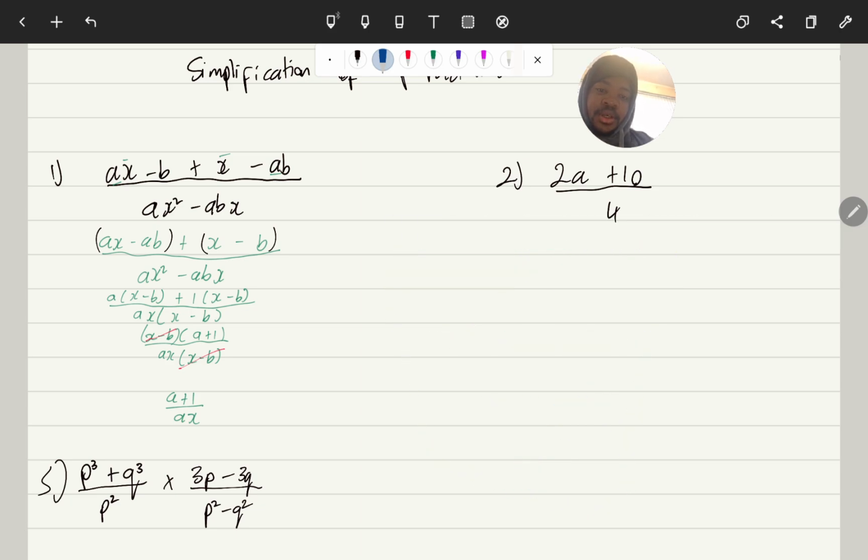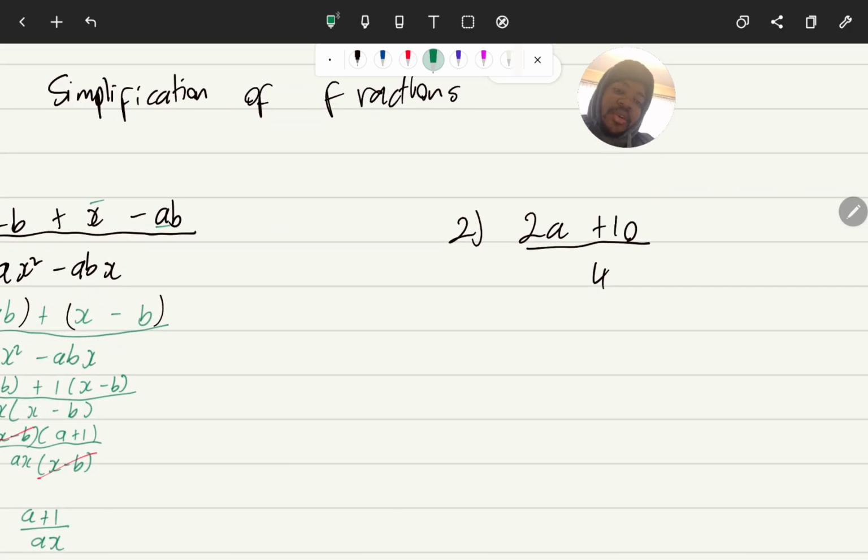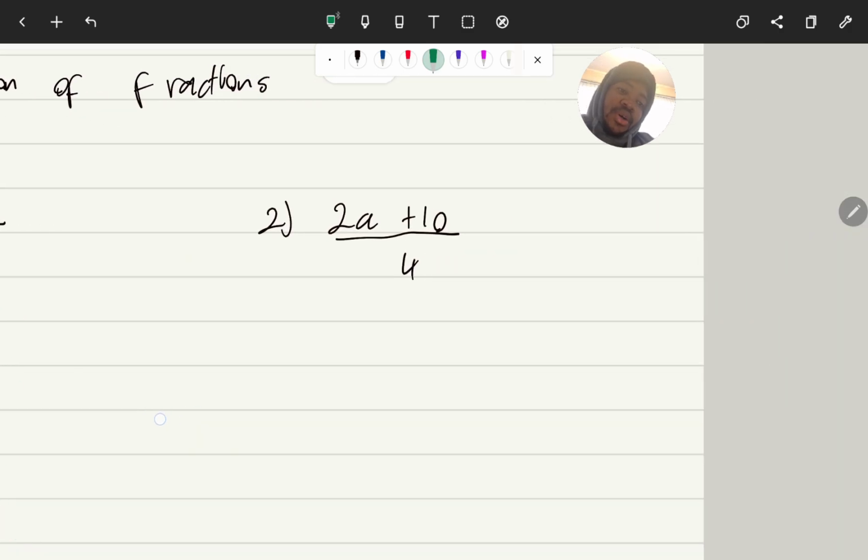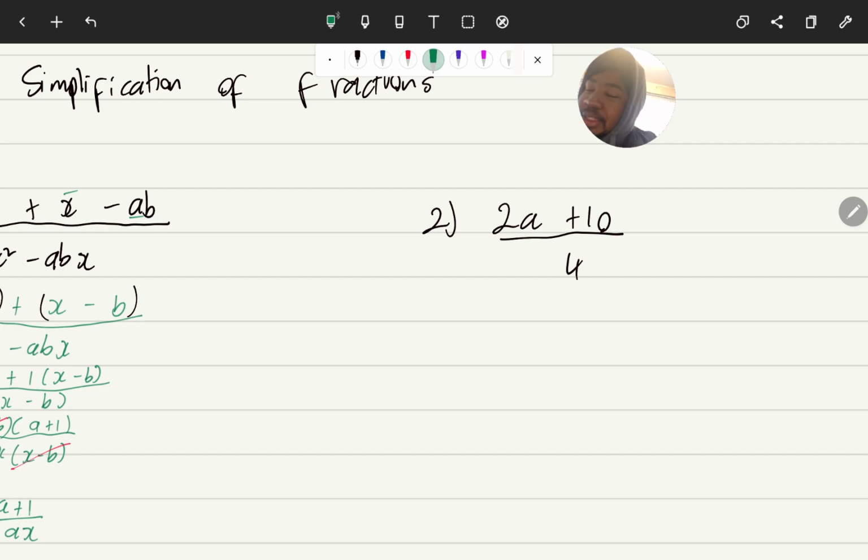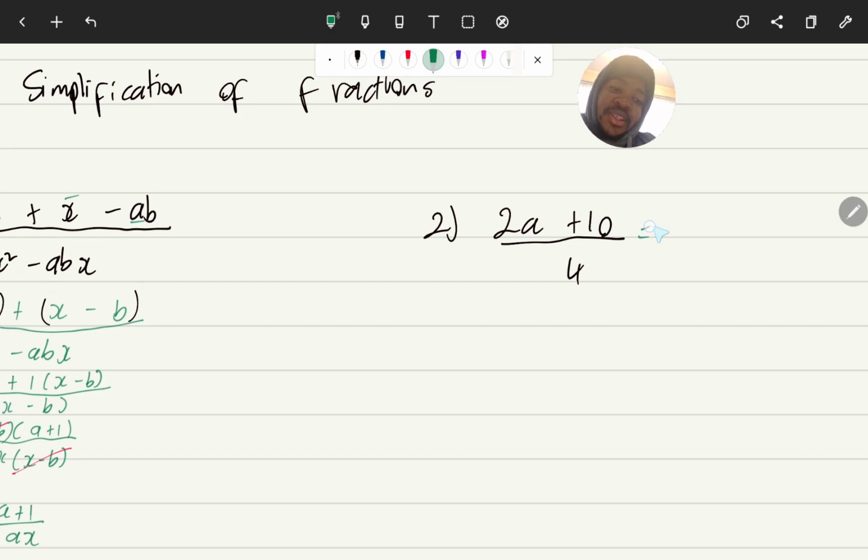Now for this one, remember the most important thing is your common factors. Perhaps just for convenience, I'll write this as 2a plus 2 times 5, which is 10, plus 2 times 2.